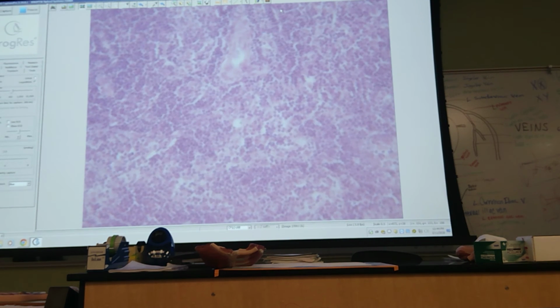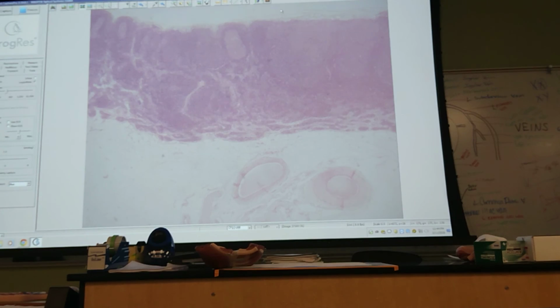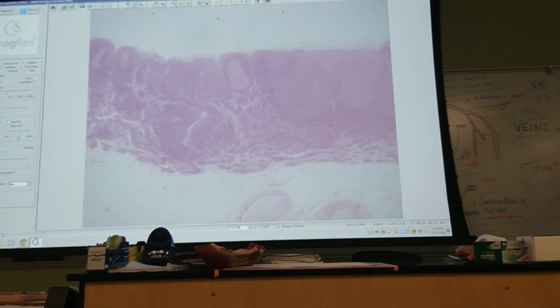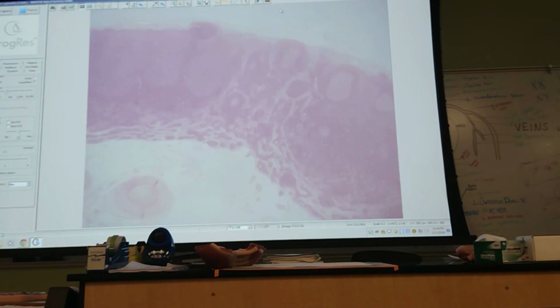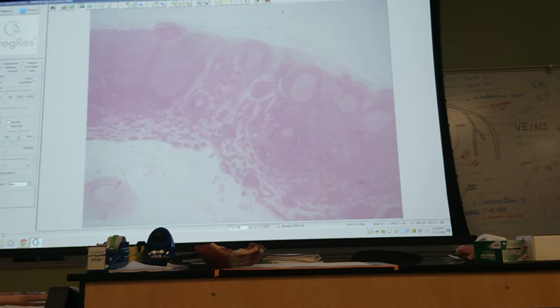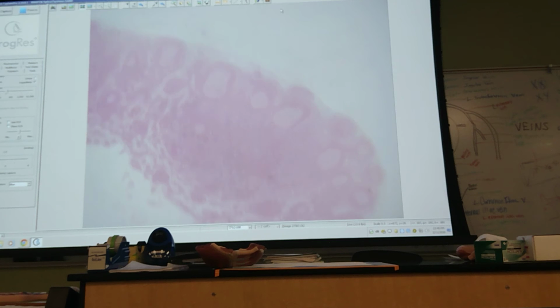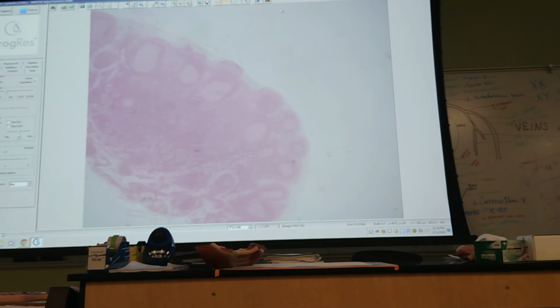That one in particular is called a lymph node. There are many lymph nodes. Middle of page 8, lymph node. Now, here's the exception that proves the rule.